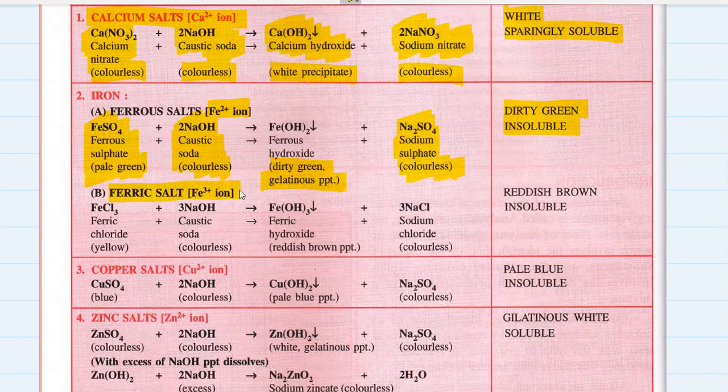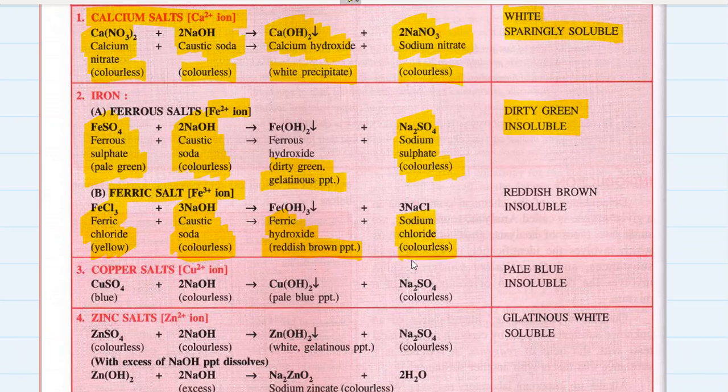Suppose you have a ferric salt solution, originally yellow in color, ferric chloride, and you add sodium hydroxide solution to it, which is colorless. A precipitate will be formed which is reddish brown in color, which is ferric hydroxide, and sodium chloride solution, which will be colorless.